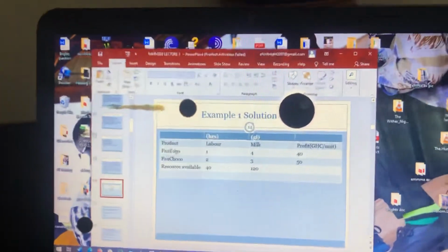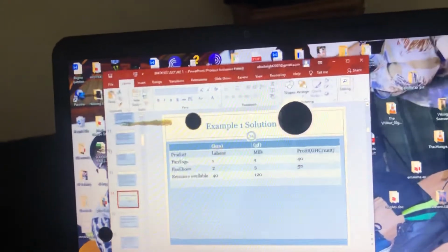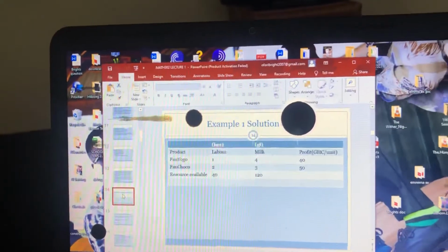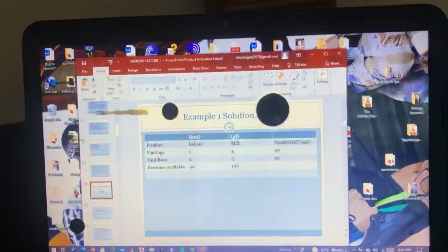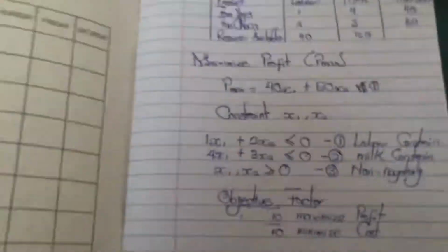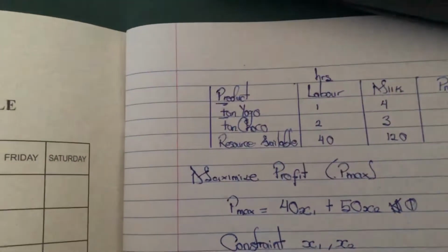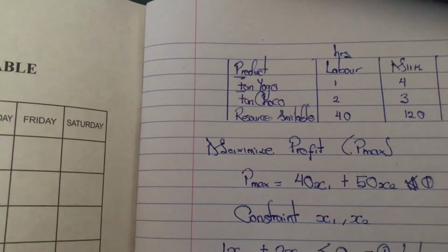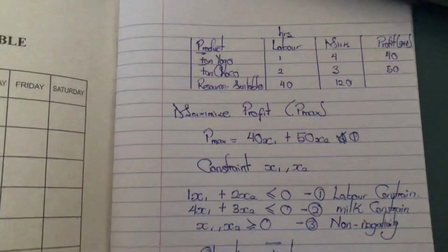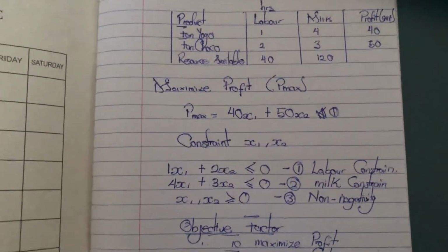So what we must do for the first time is what? To get a constraint. So this is the constraint.